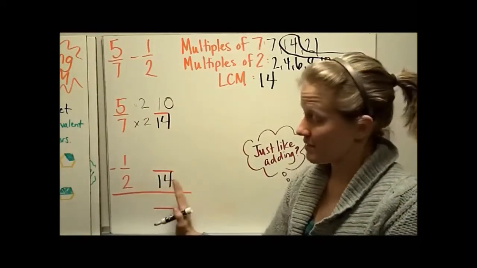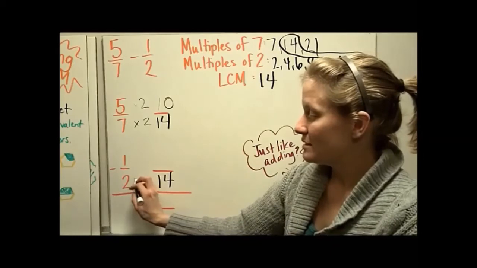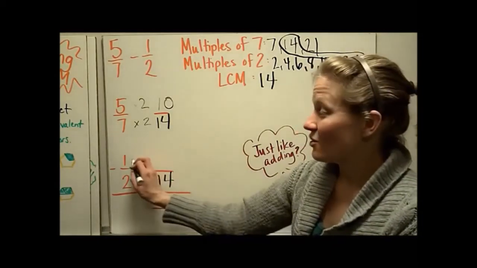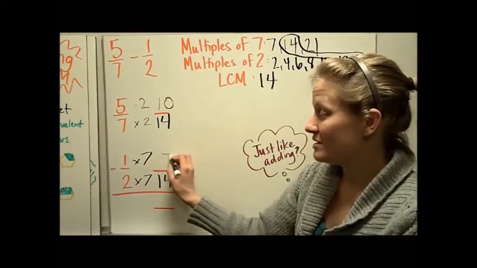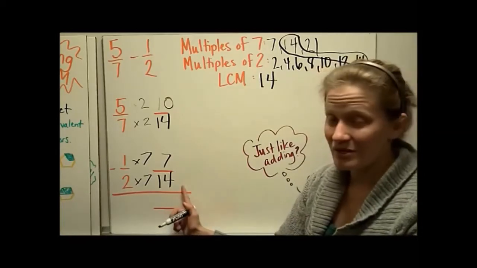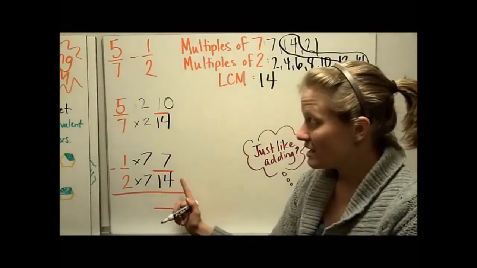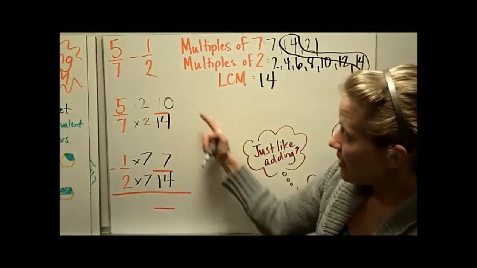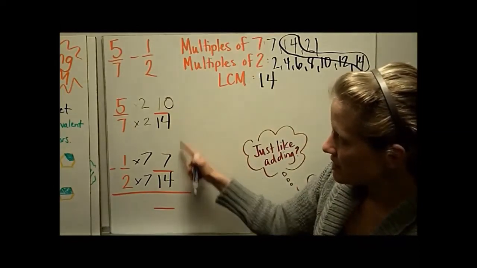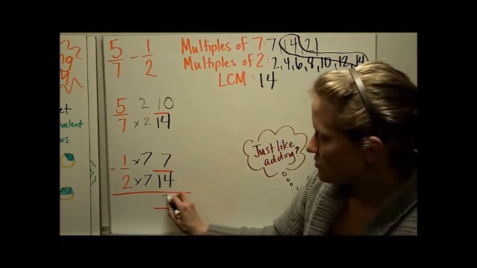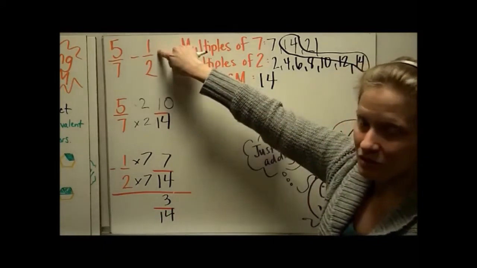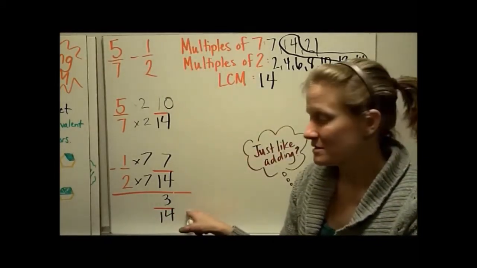Now to do the same steps on the bottom fraction. 2 times 7 is 14, so 1 times 7 will be 7. And notice again, we started with a 1/2 fraction, and we still have a 1/2 fraction. 7 is half of 14. Now I'm going to do 10/14 minus 7/14. 10 minus 7 is 3, and I'm going to keep the same denominator.